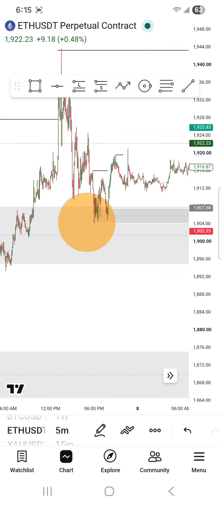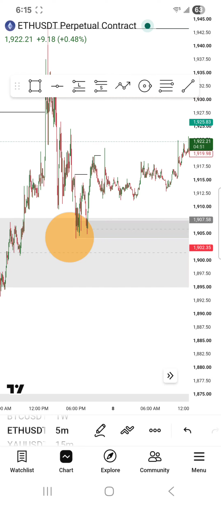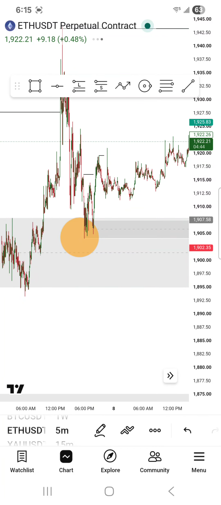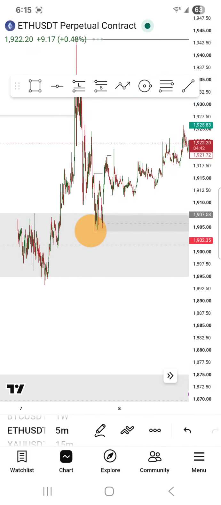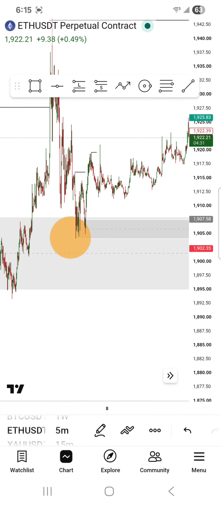I just like to take the first move, because if price gives me a confirmation of an order block, that is a point of interest, for the first time, and it invalidates it later, then to me, I see that point of interest as not strong enough to carry on with my trade. So I just wait for another point of interest. Okay, I trade each point of interest just once.